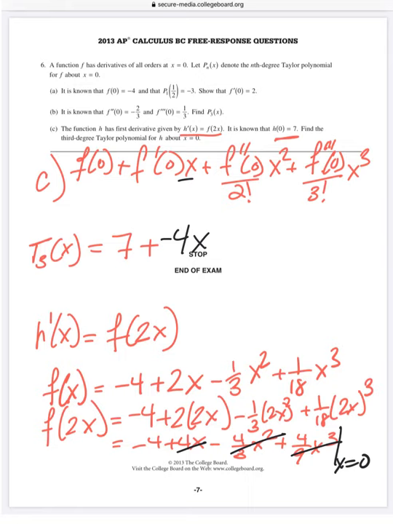So this becomes negative 4x. So next, the derivative of negative 8/3, and then the 3 comes down, that 3 cancels out, so 4/3.